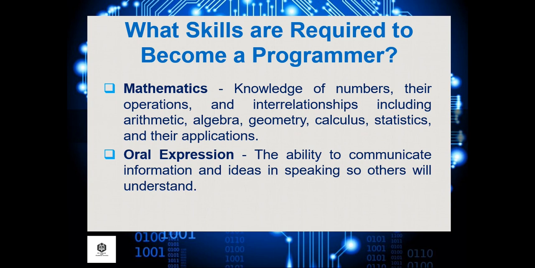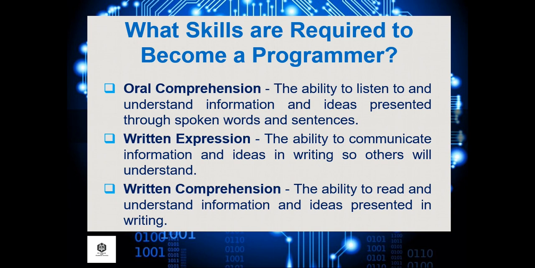Next, oral expression, the ability to communicate information and ideas in speaking so others will understand. Another is oral comprehension, the ability to listen to and understand information and ideas presented through spoken words and sentences.